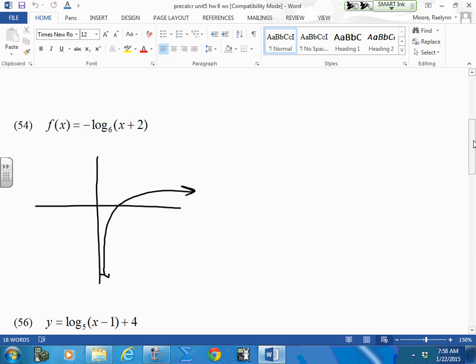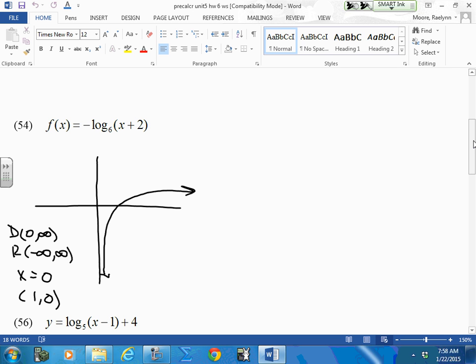I want you all to start the same way. Domain, range, asymptote, x-intercept. What's the first transformation that's going to occur? A horizontal or a vertical?